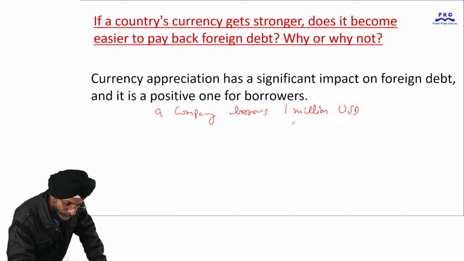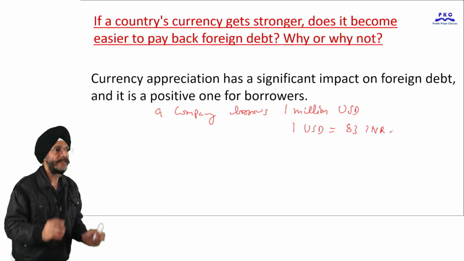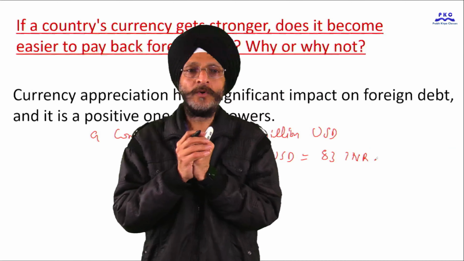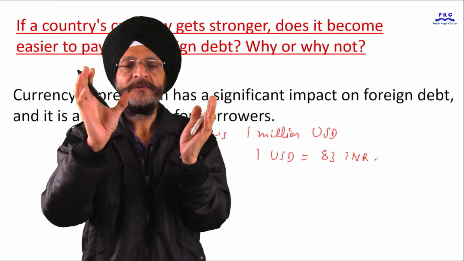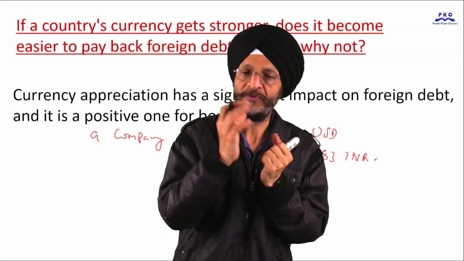Suppose the value of 1 US dollar is equal to 83 Indian rupees. INR is the currency of India. So what is the loan which has been availed by a company or the government of India?